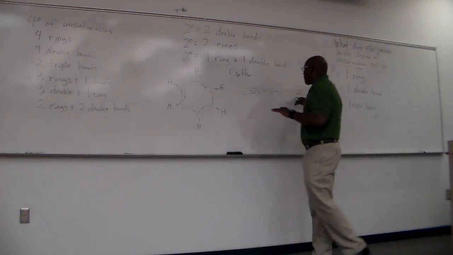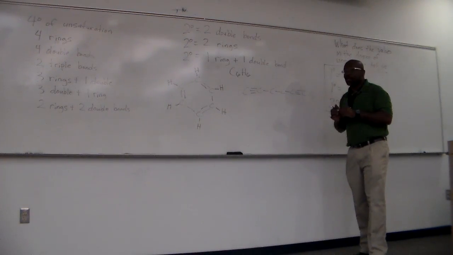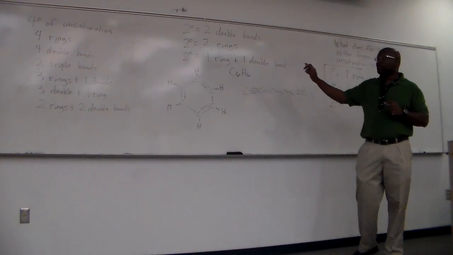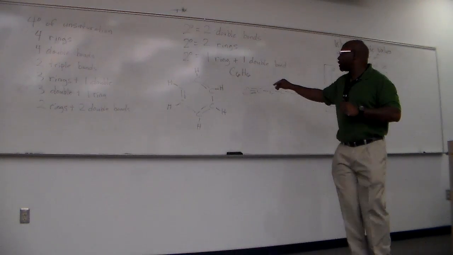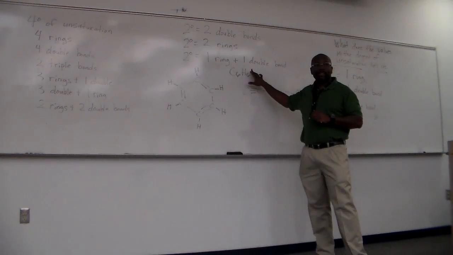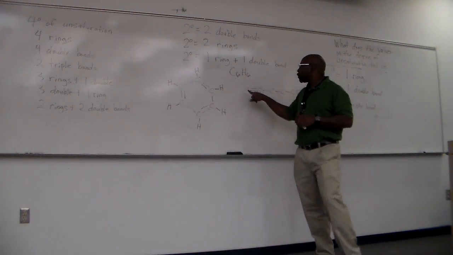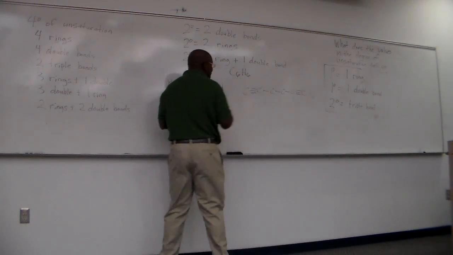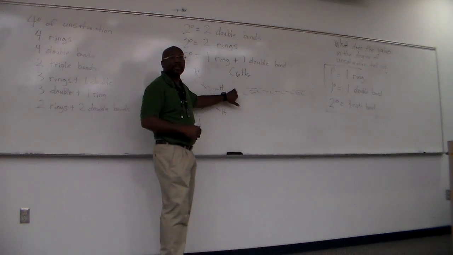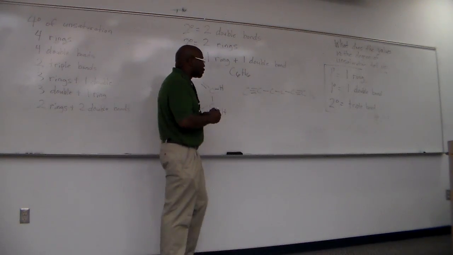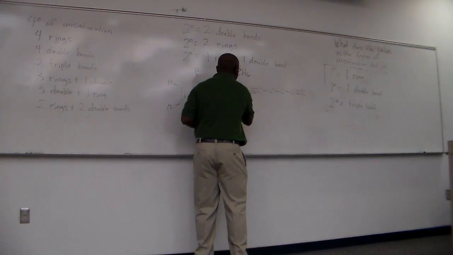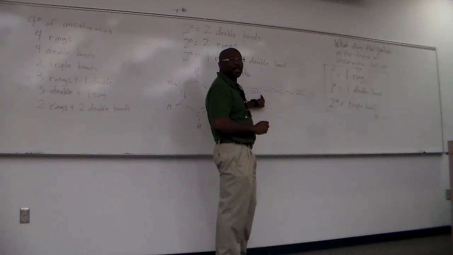Now, when we did the number, if we do it right, we should have 6 carbon atoms, and if we got 6 carbon atoms with 3 double bonds, I should only have 6 hydrogens attached to it. We're going to look at the first carbon atom. How many bonds are shown? 3. So we're going to add a what? 1 hydrogen. Look at the next carbon atom, how many bonds shown?